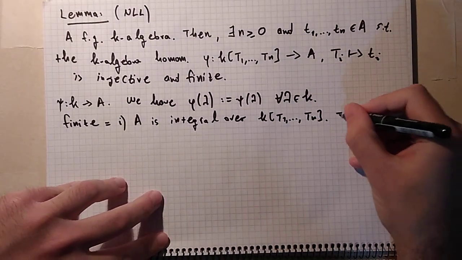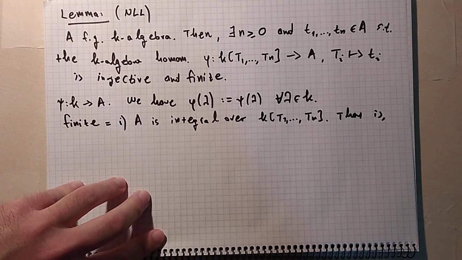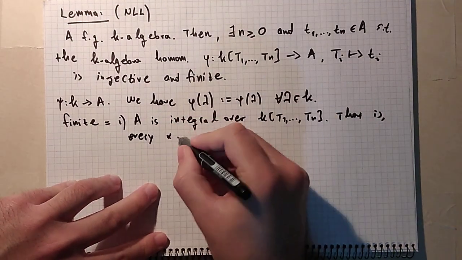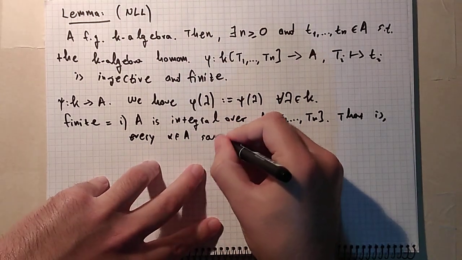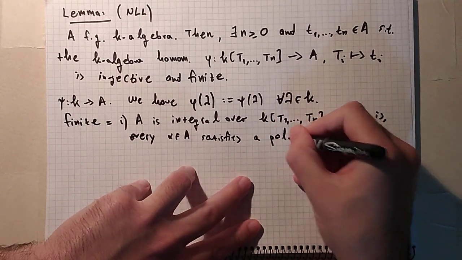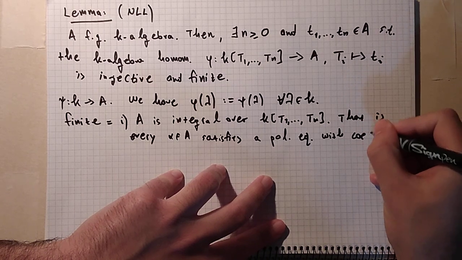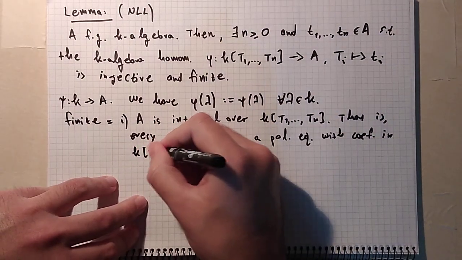That is, by definition, every element alpha of A satisfies a polynomial equation with coefficients in this polynomial ring.